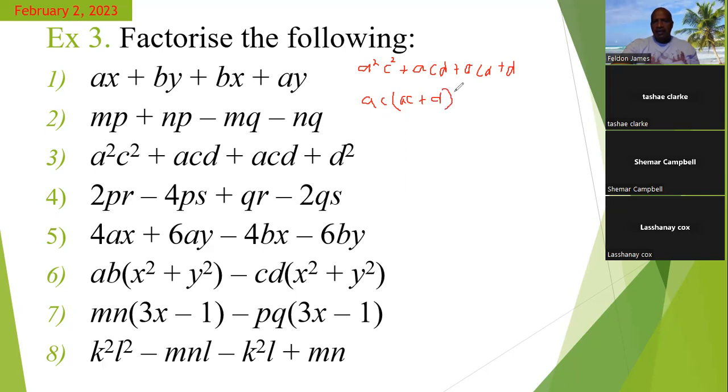Those are brackets. For the next term, our common factor here would be what? Yes, sir. No, our common factor would be D. I forgot the square on this D here. So our common factor would be D. So we pick out D as our common factor.